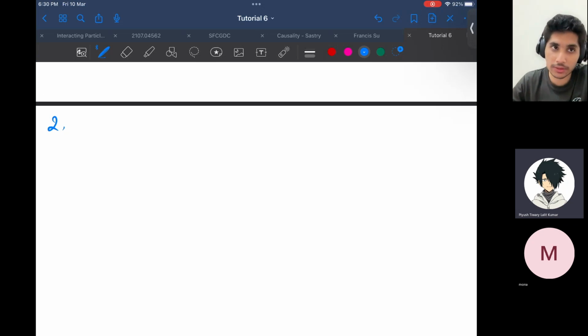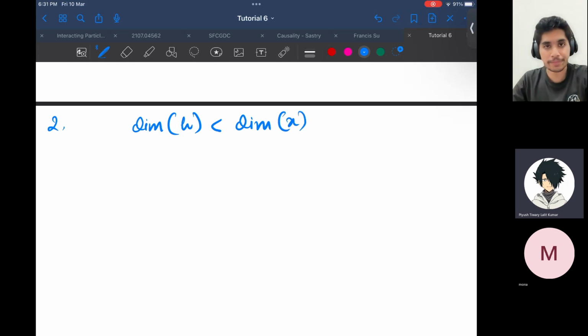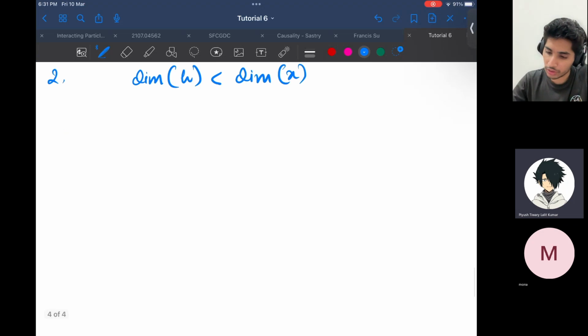So it is saying the dimension of the hidden layer. If I use h for the hidden layer, it is saying that the dimension of the hidden layer h is less than the dimension of the input layer, maybe x. This is what has been given to me. So what does it mean? What should be the structure of my neural network?